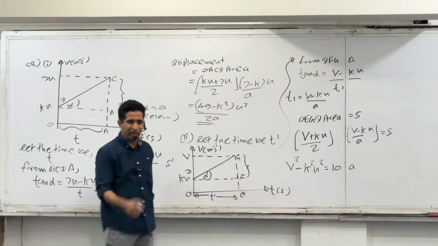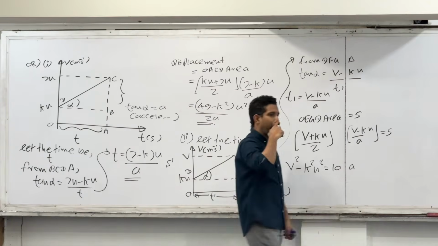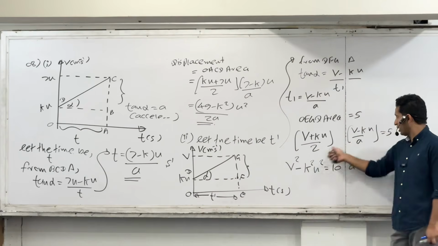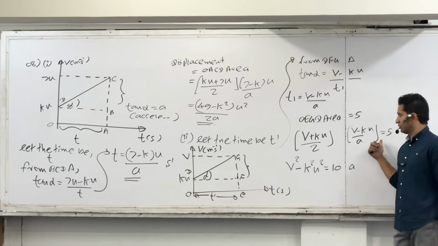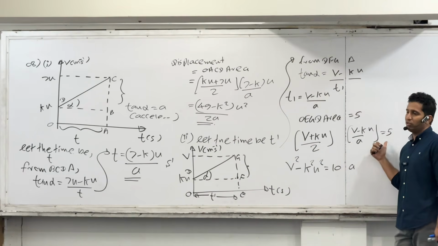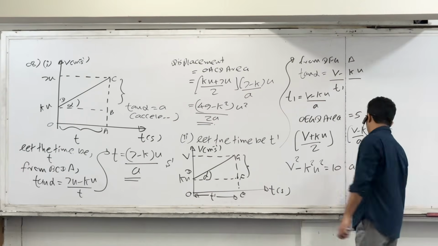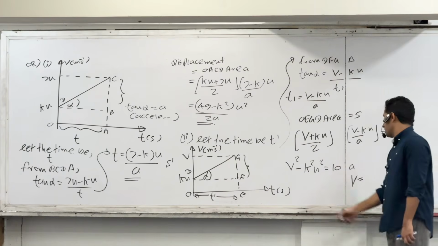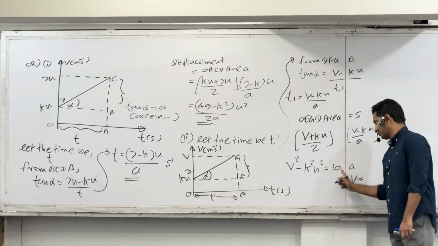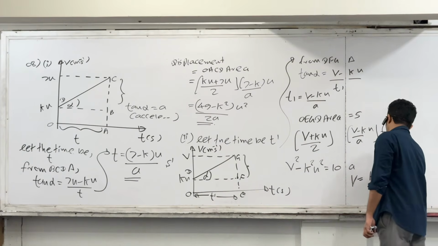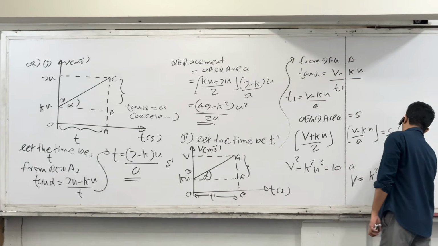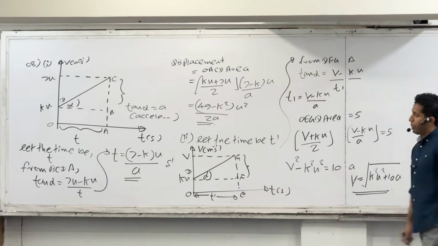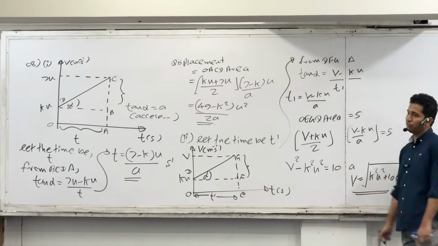Now V squared equals U squared plus 2as, where a is the acceleration and s is the displacement. Now V equals the square root of K squared U squared plus 2as. This is the velocity when the displacement is s.